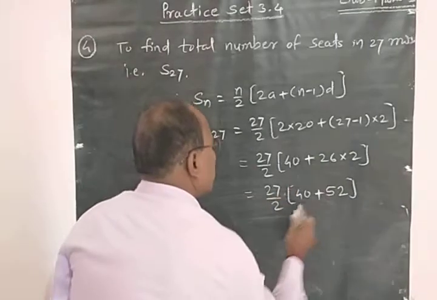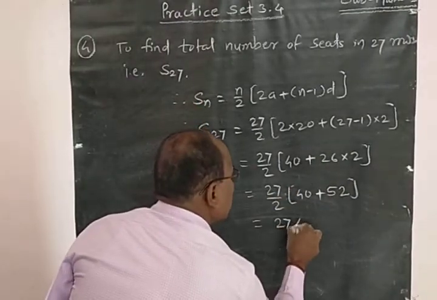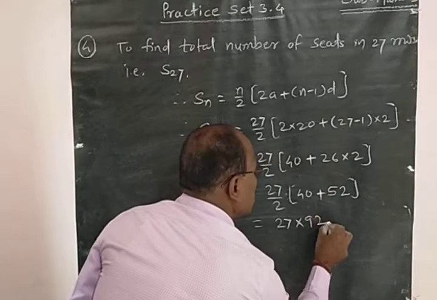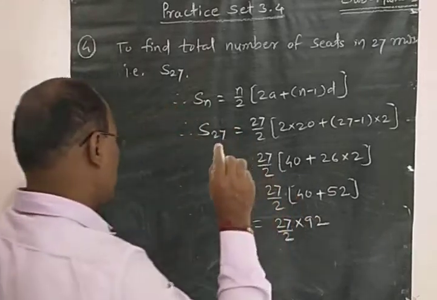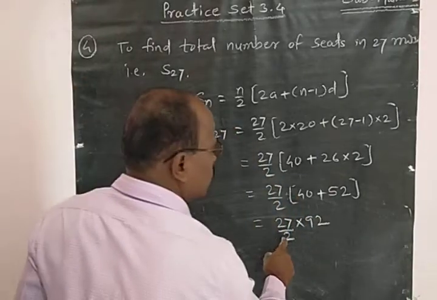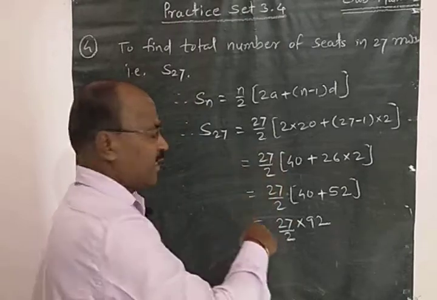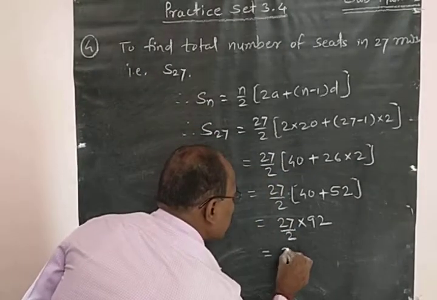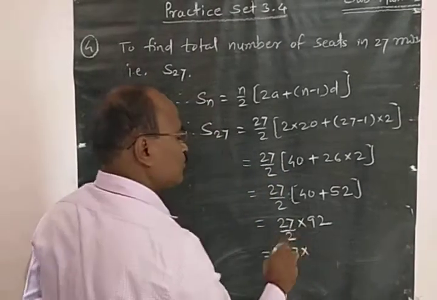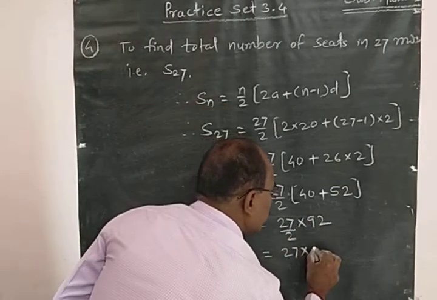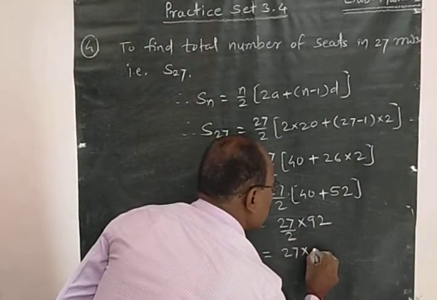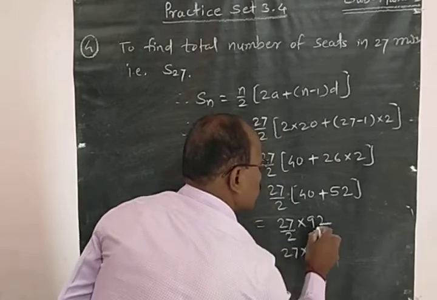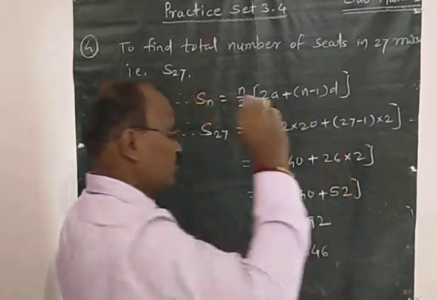So addition will be 27 upon 2 into 92. Now divide 92 by 2, we get 46.